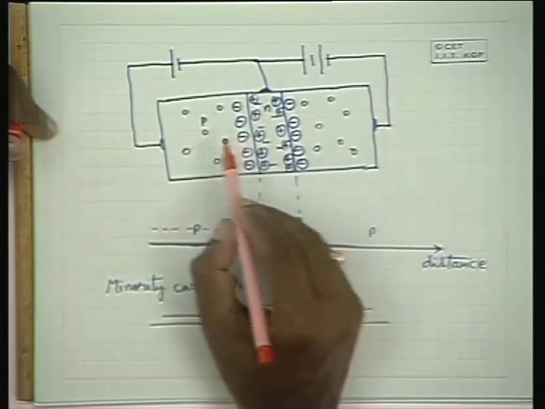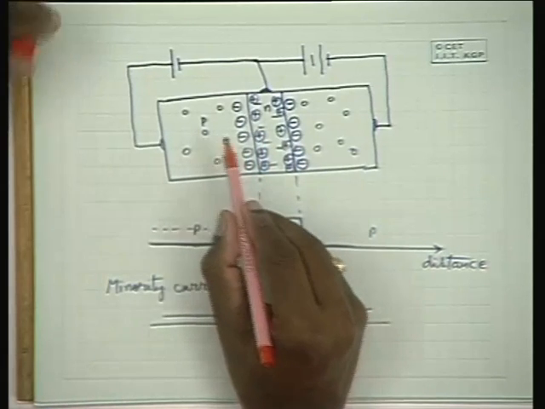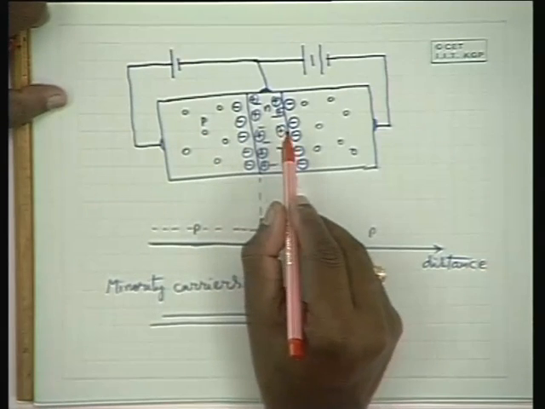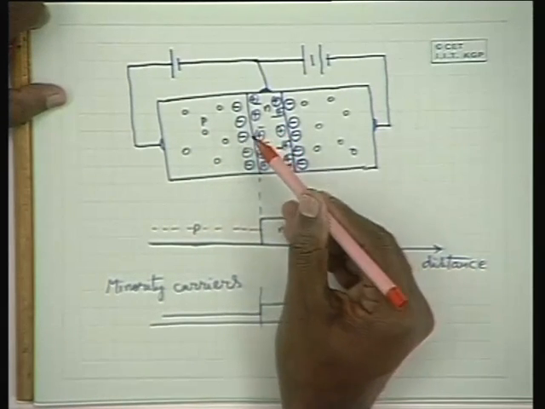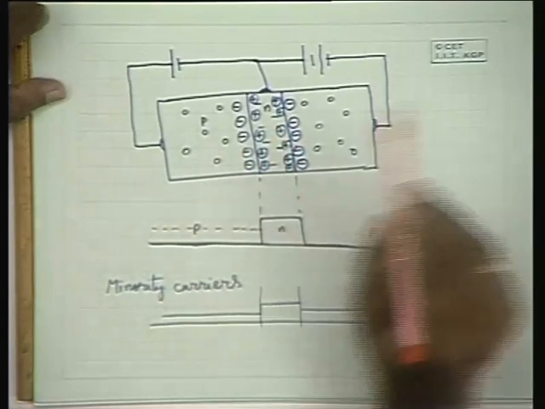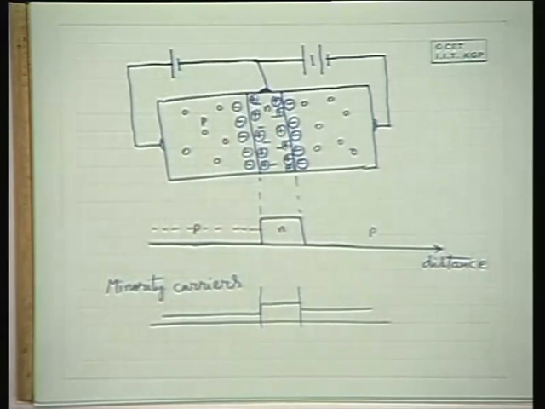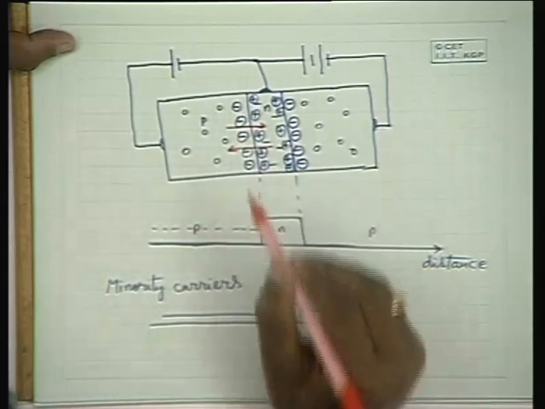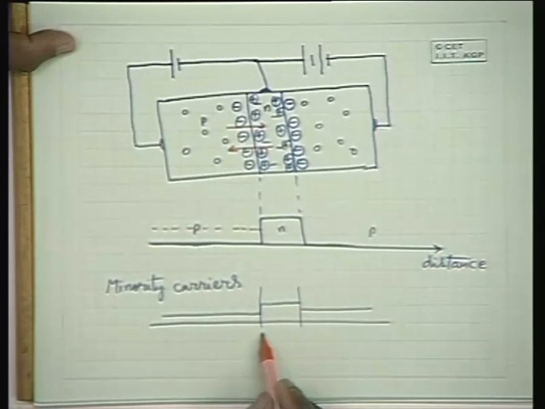and because of that there will be a large amount of diffusion of holes from the p side to the n side, and the diffusion of electrons from the n side to the p side, just similar to the case of a semiconductor diode. Now if you plot the diffusion concentration, this diffusion is very large at this junction, both sides.